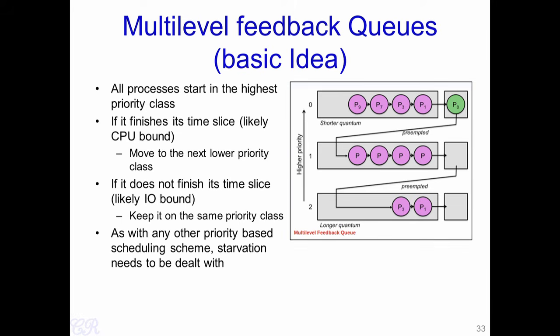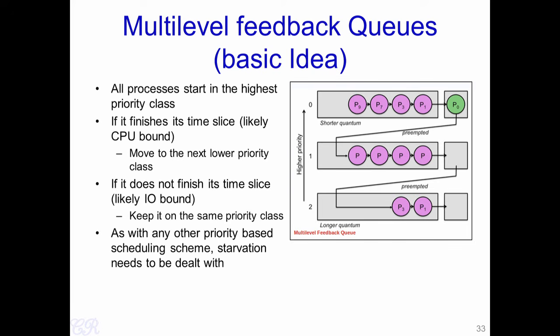So, it is moved to the next lower priority class. On the other hand, if the process does not complete its time slice, it is assumed that the process is an IO bound process, and therefore, it would either be moved to a higher priority class or kept in the same priority class. So, this, as you can see, is a dynamic way of changing priority classes of a process.